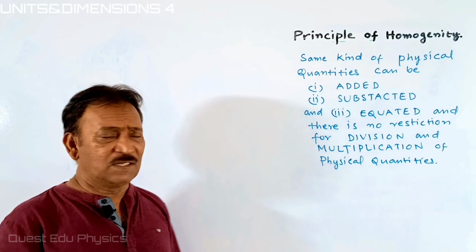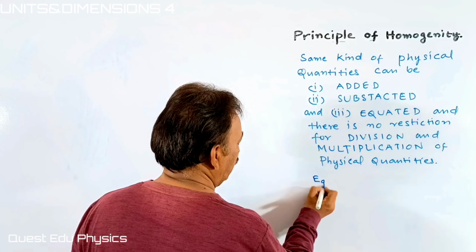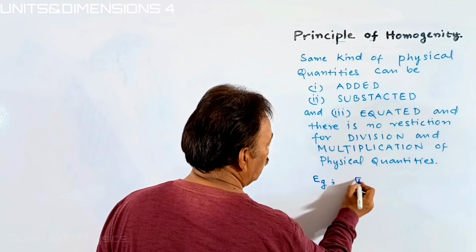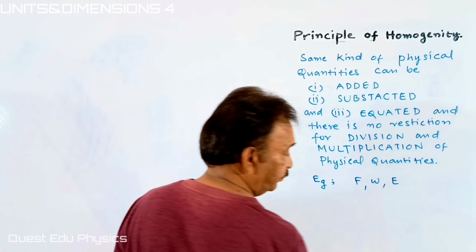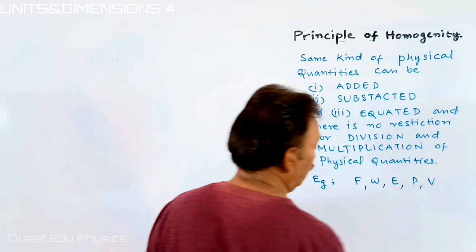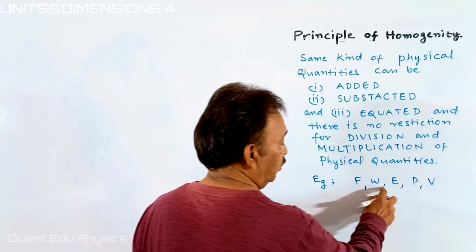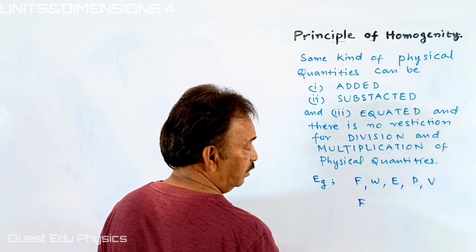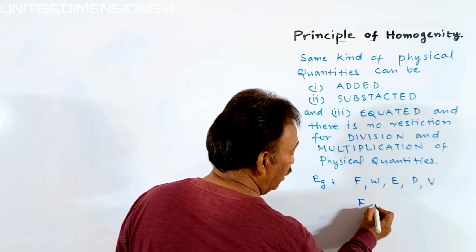We can understand this thing very easily, students. We have different physical quantities. It is given like this. Force is given, work is given, energy is given, pressure is given, and as well as velocity. This represents different physical quantities, students. Force is a physical quantity, and work is another physical quantity. We should not add force with the work.